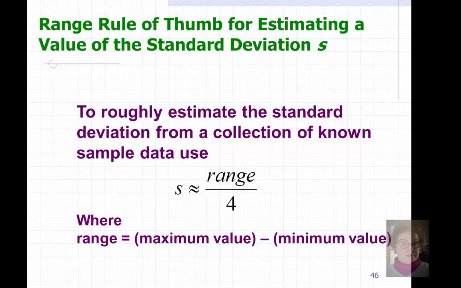When you don't need to calculate the standard deviation, you can take the range and divide it by 4, and you will be in the right ballpark. The difference between the maximum and minimum values divided by 4 gives a very rough estimate of the standard deviation, good enough to decide what's usual and unusual.